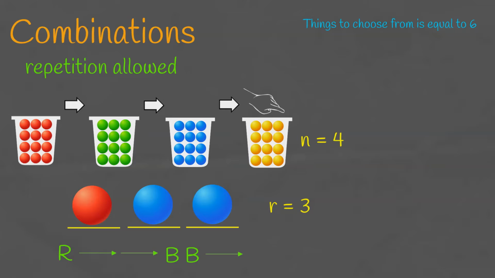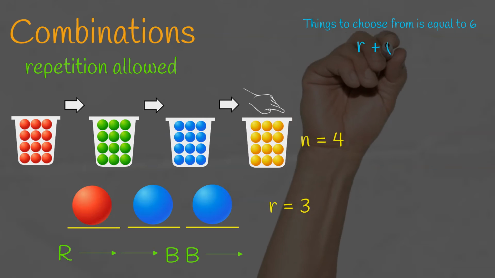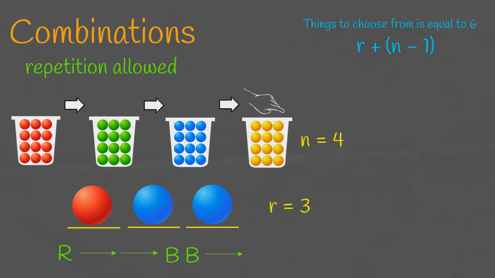Now the things you're choosing from, in this case 6, is going to be equal to r, the number of things you're choosing, in this case 3 balls, red, blue, blue, and also the number of times you move, in this case 3 arrows, but that is also equal to n take away 1.